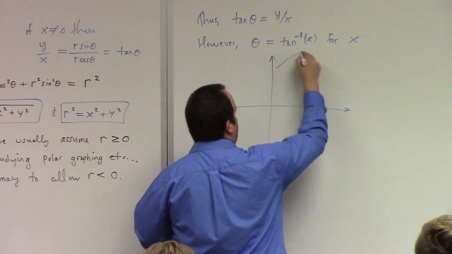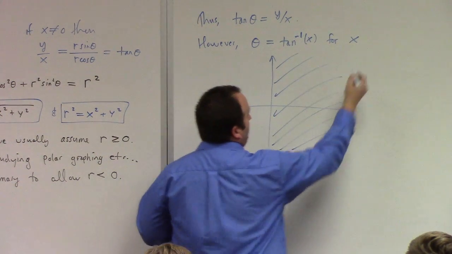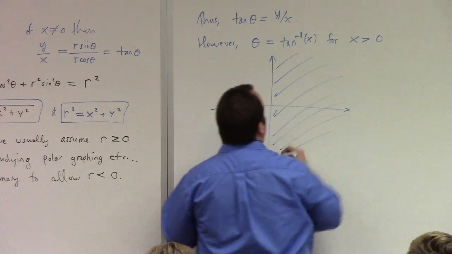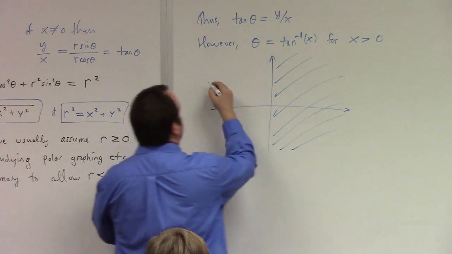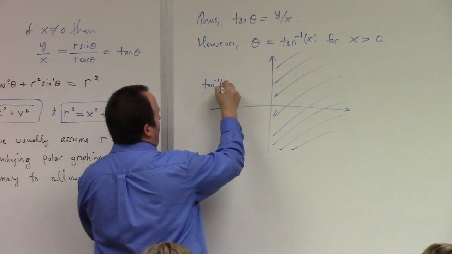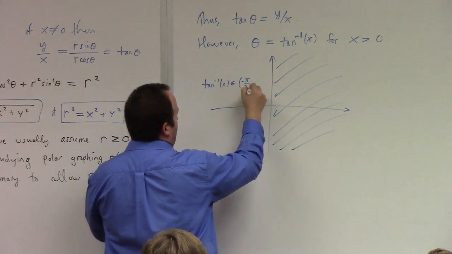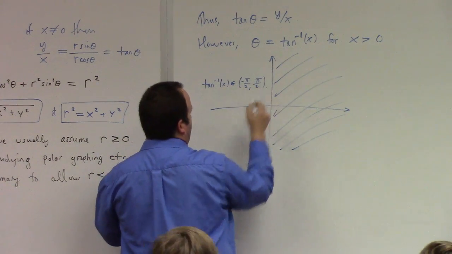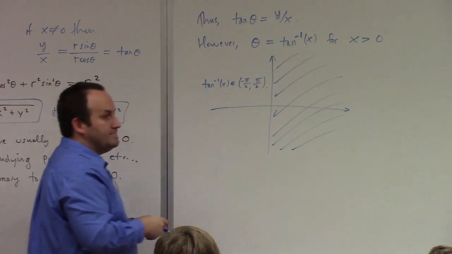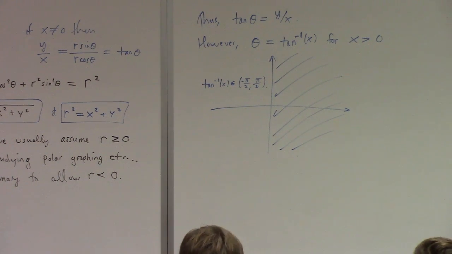It's just in this region, in x greater than 0, where you get inverse tangent an element of minus pi over 2 to pi over 2, right? Theta is not equal to inverse tangent in the other two quadrants. It's kind of a pain what happens over there.